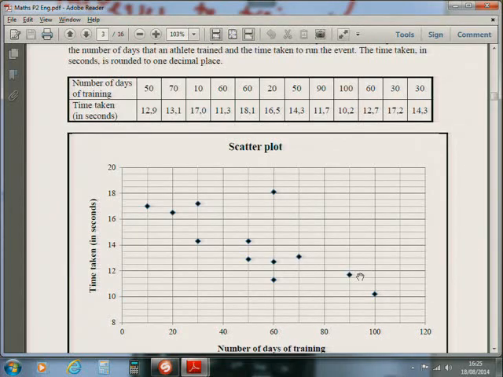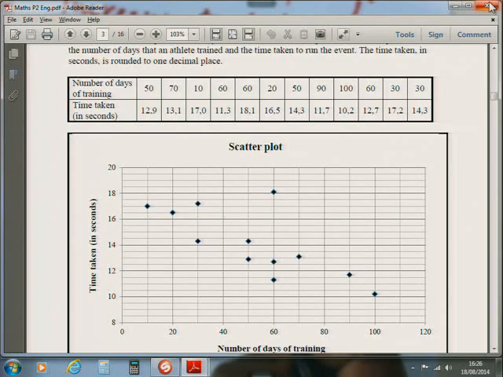I press AC, shift, 1 is statistics, and 5 is regression. It already gives me A, B and the others. Now we must write the value of A, and at least we must agree. 1 is A. I say equals. Now my A is 17.81931464.